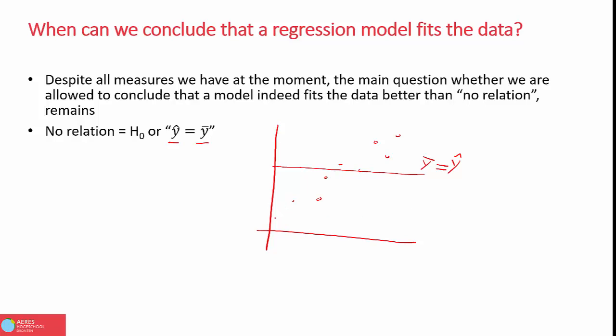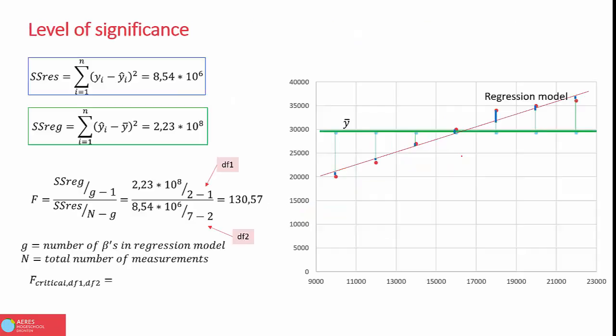What we want to find out is whether our prediction is actually different, so not equal to y average, and with what certainty we can state that. So that's what we're going to find out now. We're going to determine the level of significance of our regression model.